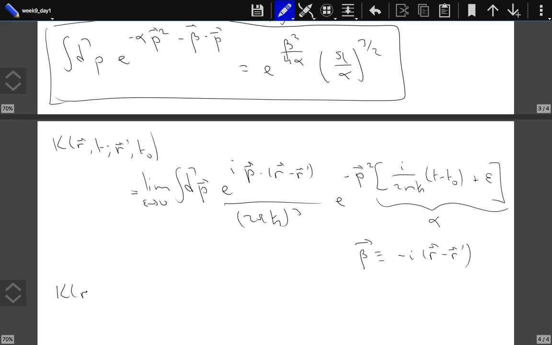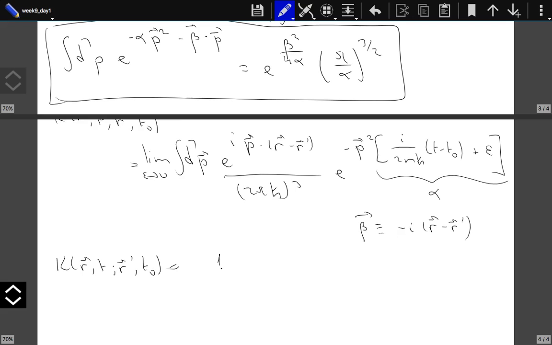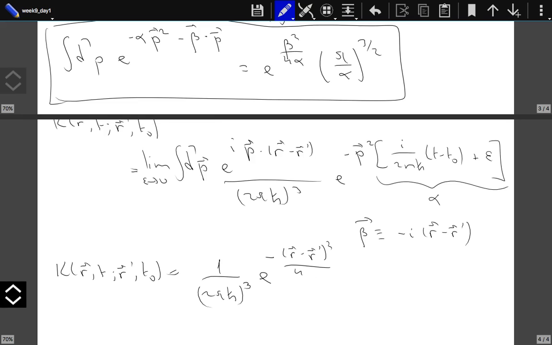So this K(r, t; r prime, t0) is equal to, well, I have this 1 over (2 pi h bar) cubed, times e to the power, well, beta squared over 4 alpha, with a minus because of that I in front of beta, which is minus (r minus r prime) squared over 4 alpha. And alpha is, now let me write it.